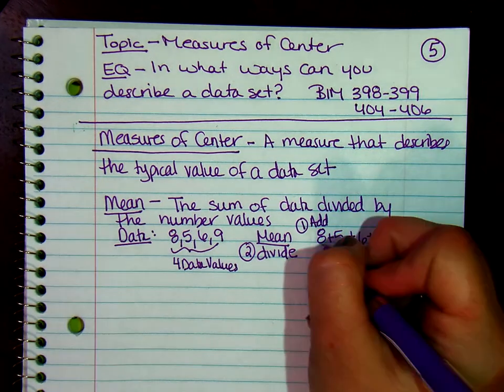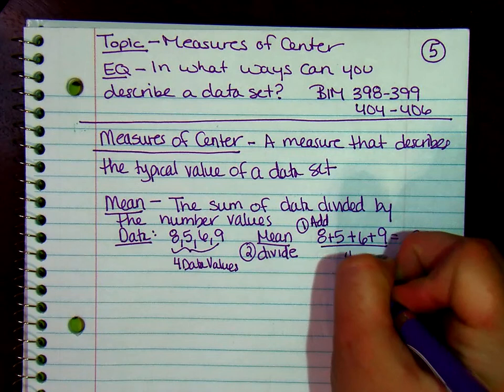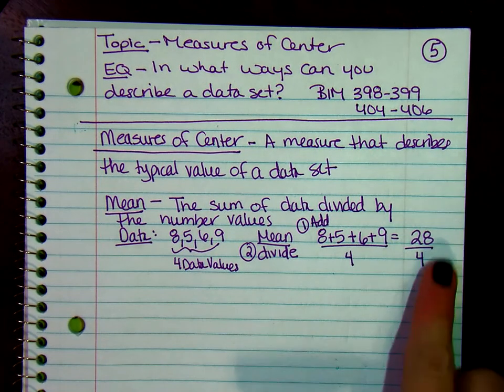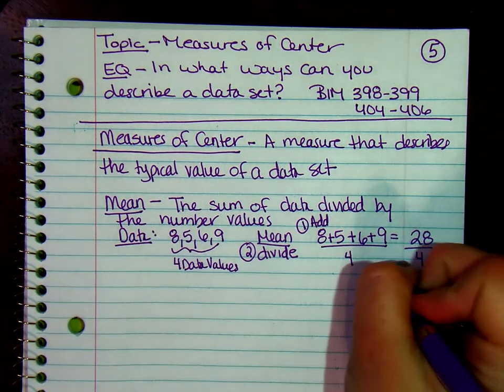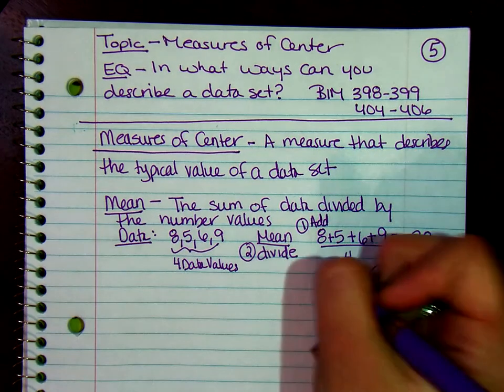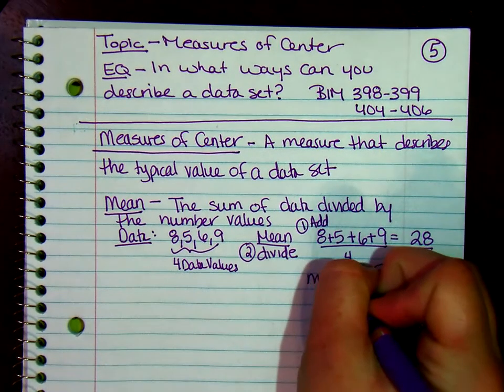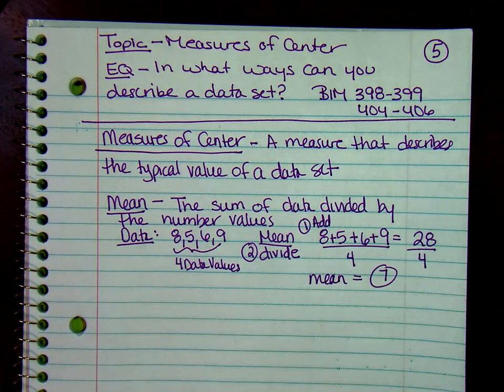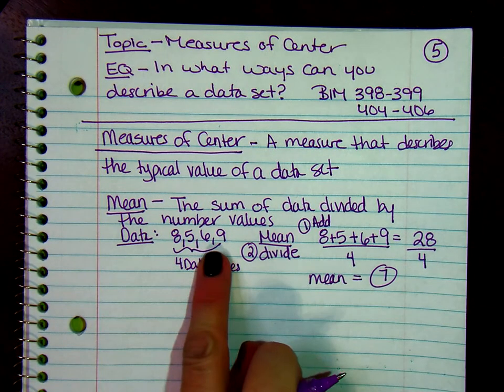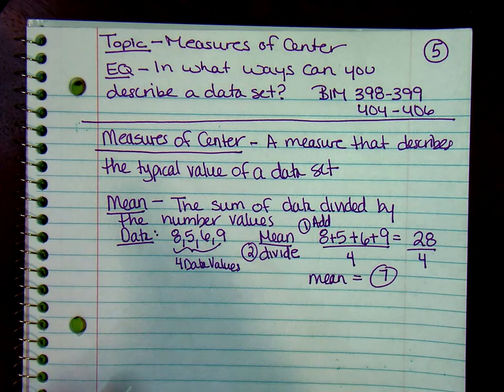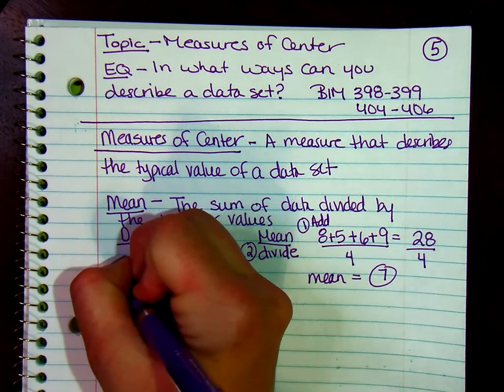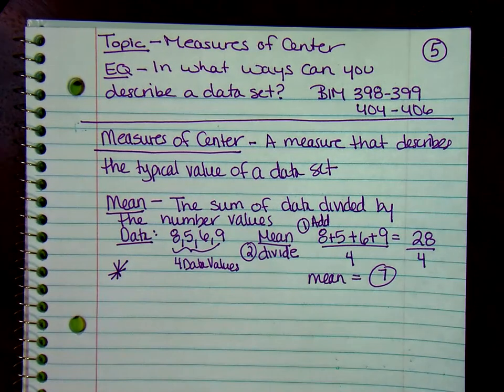So I'm going to take this number and I'm going to divide by 4. Well, 28 divided by 4 equals 7. Our mean equals 7. So remember, for mean, you add up your values and then divide by how many values you have. This is really important to know.